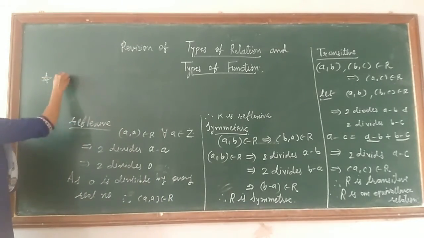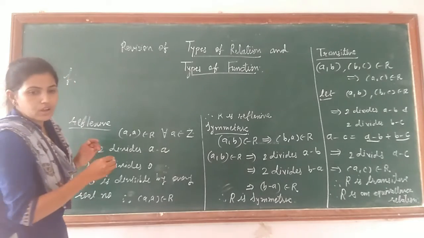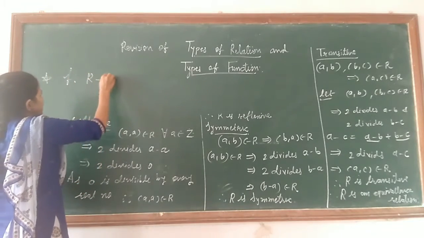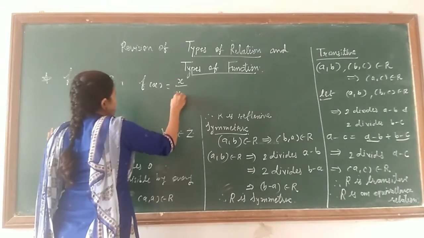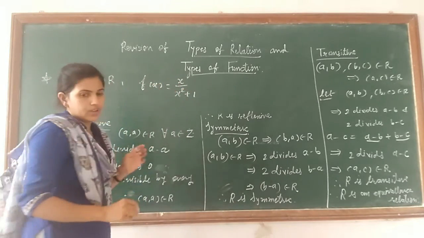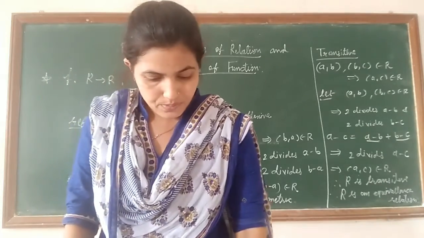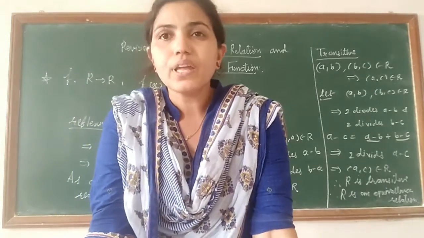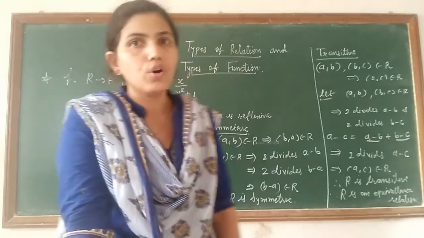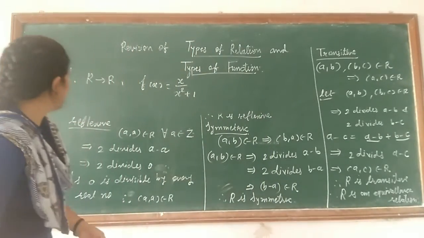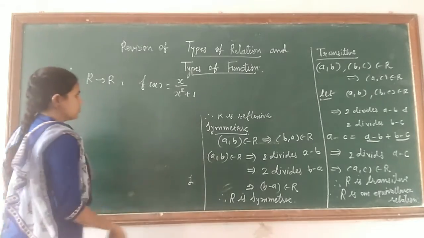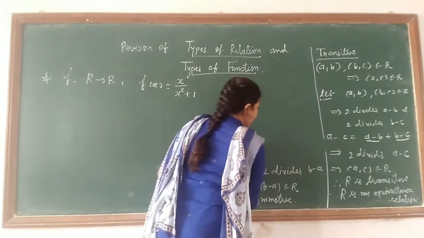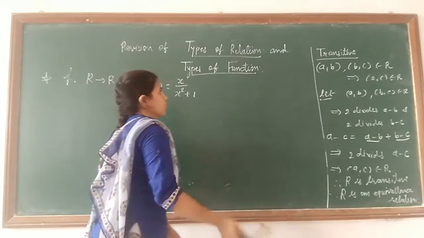The next question is: the function from R to R is defined as f of x is equal to x upon x square plus 1. Then the question is to show that this function is neither one-one nor onto. So let me see if it is one-one or not. We have to prove this function is not one-one and not onto.